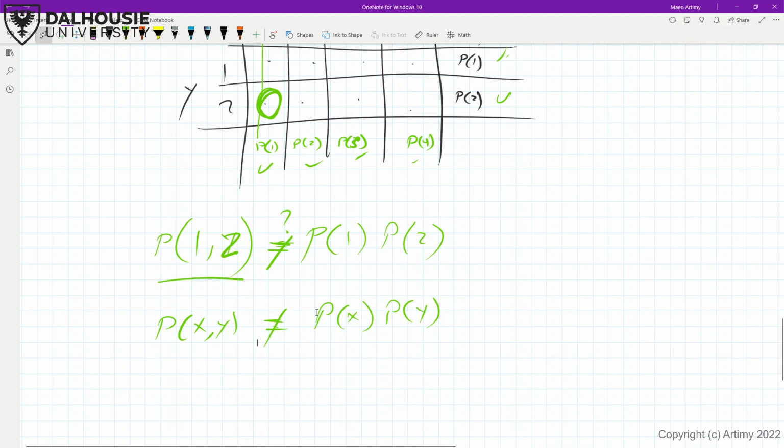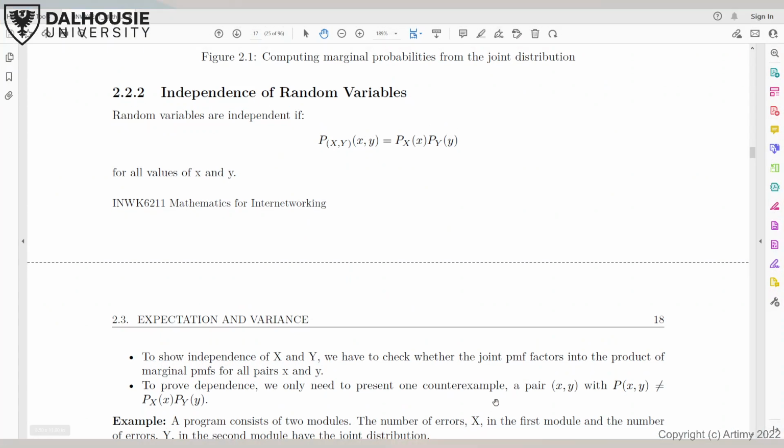So it's easier to prove dependence than to prove independence. Independence requires that I test all values, but to prove dependence, I have to find only one case, right?